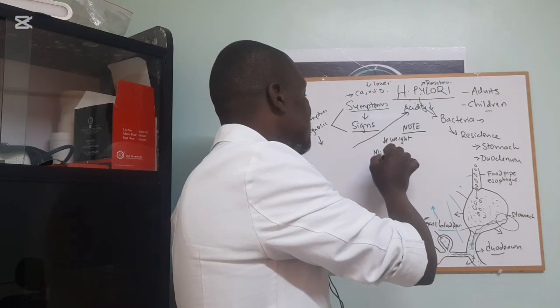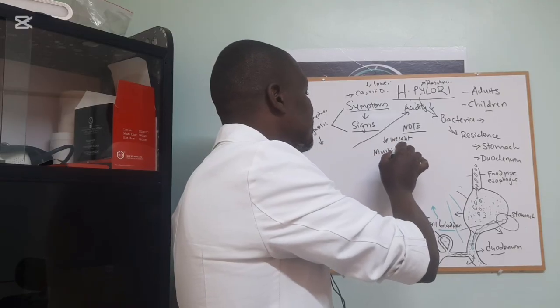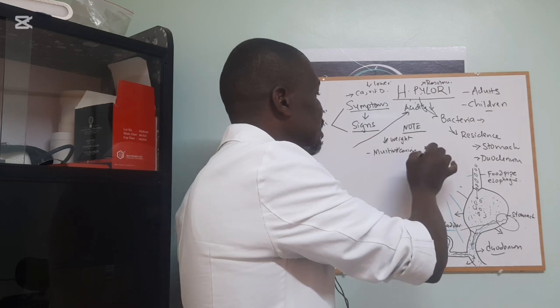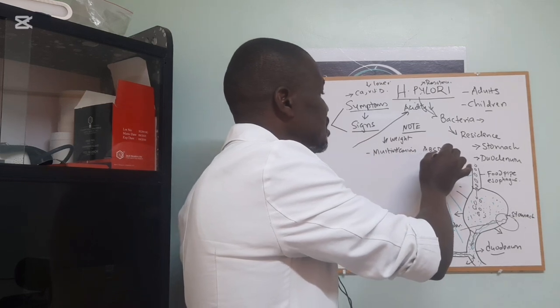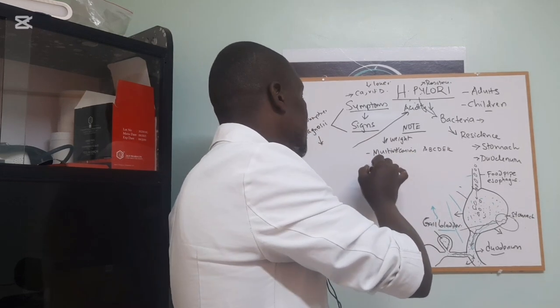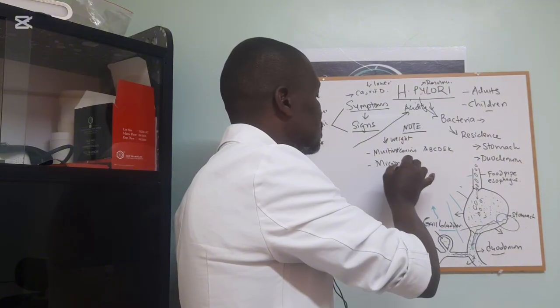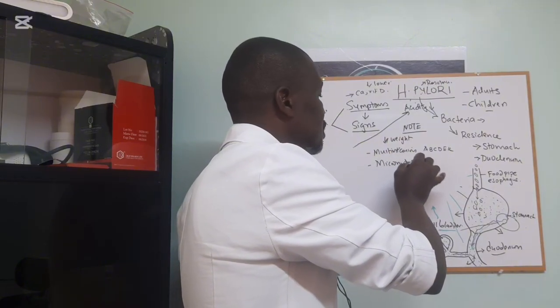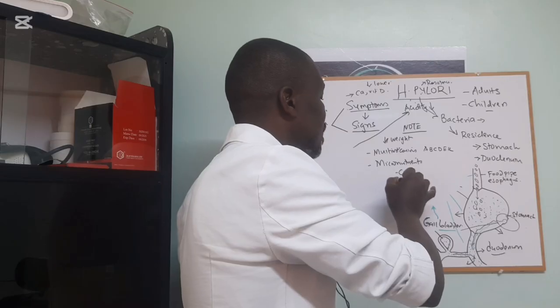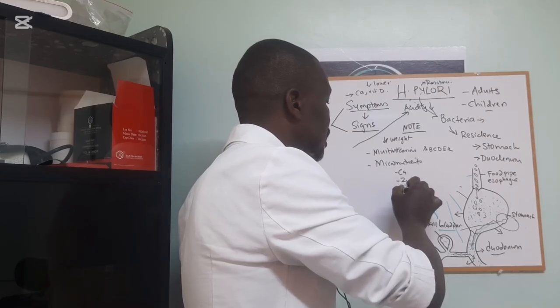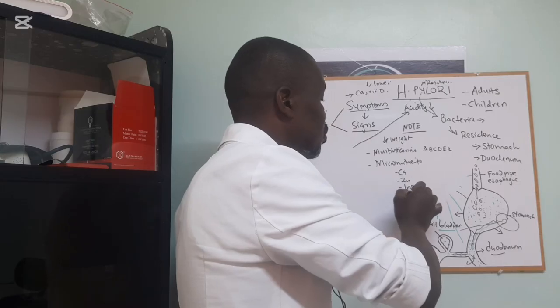So we're talking about multivitamins, that is vitamin A, B, C, D, E, K, all those. And we're also talking about micronutrients, here calcium, zinc, iron, and all those things.